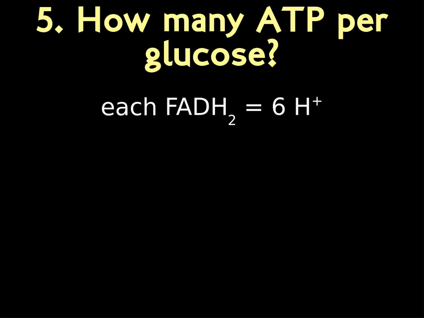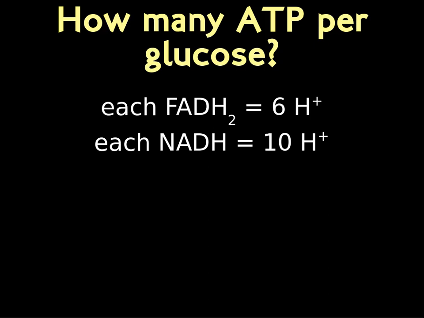So let's talk here real fast about, generally, how many ATP can we actually get from a glucose molecule. So we have one glucose molecule. How many ATP can we make? This is joining the very beginning of the process, at the beginning of glucose, all the way to the end of the process where we are making the ATP. So let's start adding up. For every FADH2 that we produce, we get 6 protons pumped across the membrane.